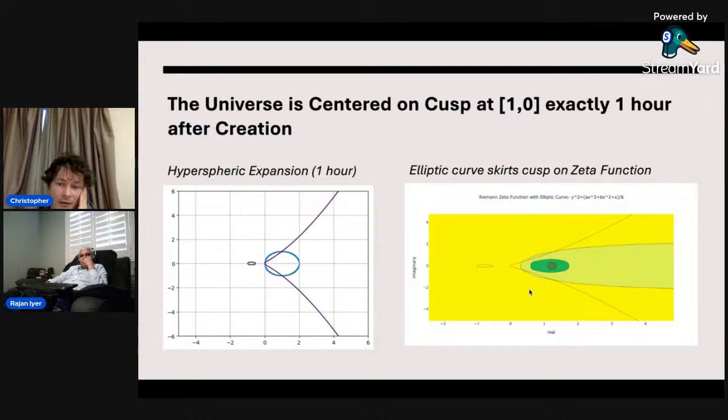You can imagine if you put the circle over here, it is centered on the cusp here. Oh, and we notice that the elliptic curve then skirts and crosses here, which is kind of equivalent to this. So this is an interesting characteristic of the thing.